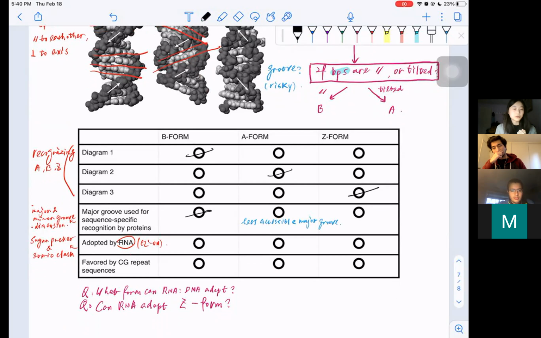But if you replace the 2' hydrogen with a hydroxyl group, which is the case in RNA, that 2' hydroxyl group will generate steric clash with the 3' phosphate group, so that RNA cannot adopt B form. It will adopt A form.